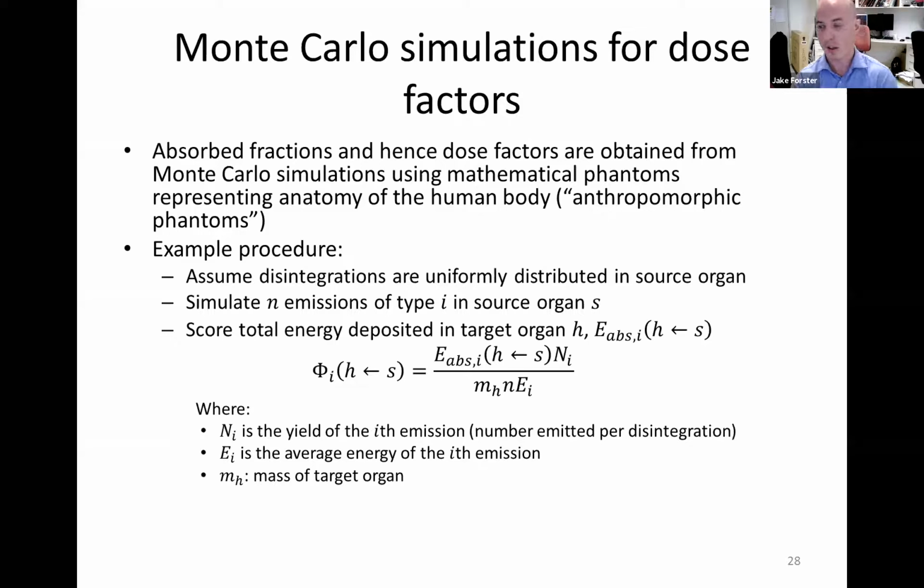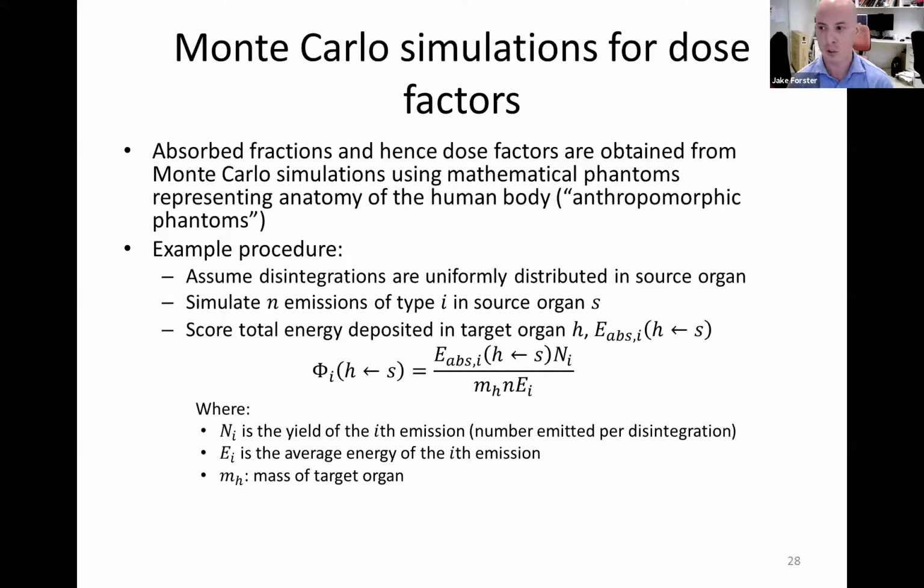So in order to actually measure an absorbed fraction and hence a dose factor, we need to actually do Monte Carlo simulations. One of the things these simulations have to have is a phantom that represents the anatomy of a human being. Basically the procedure for measuring an absorbed fraction or a specific absorbed fraction would be like shown here.